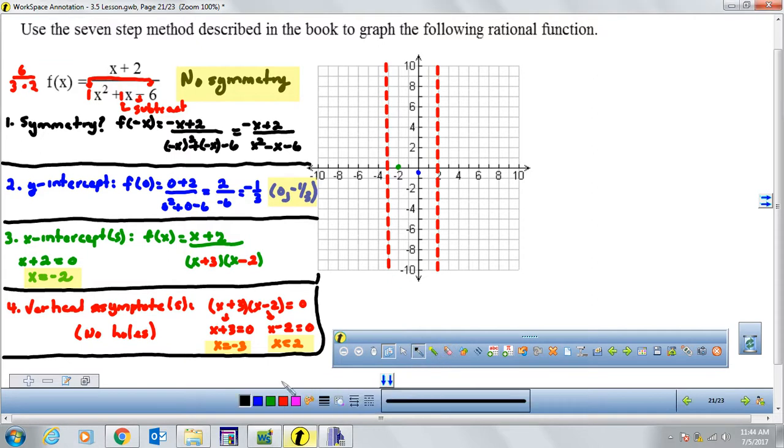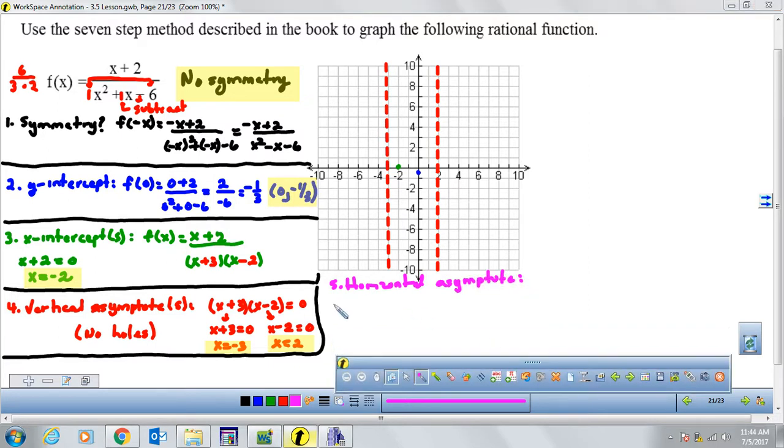So now let's go ahead and sketch, not the table, not yet. We need to find the horizontal asymptote. That would be step number 5. For the horizontal asymptote, we need to look at the degrees. I'm going to use the original function, which is x minus 2 over x squared plus x minus 6. What do we notice about the degrees? The degree of the numerator is 1, that is my n.